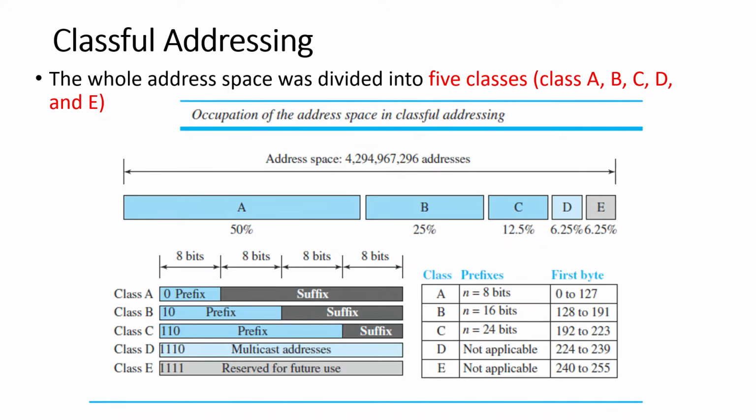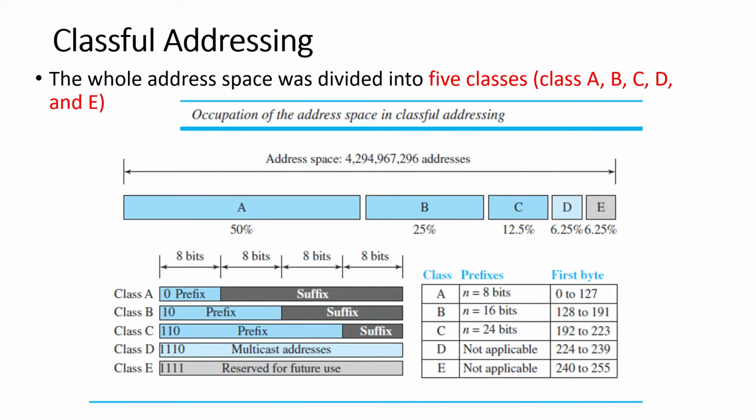So class D has no prefix and no suffix, and the IP address range is from 224 to 239. Class E is reserved for future use and is not used currently, and its IP address range is from 240 to 255. So these are the classful addressing.